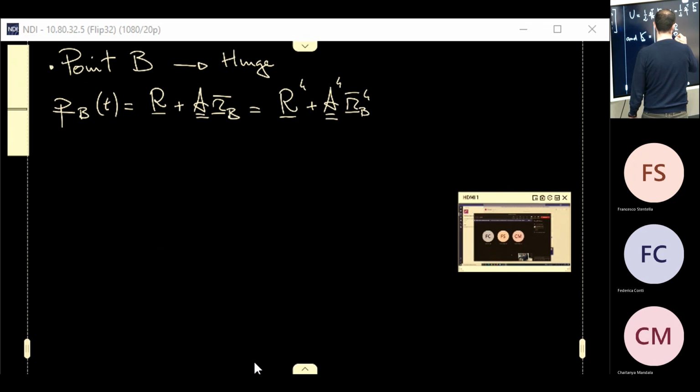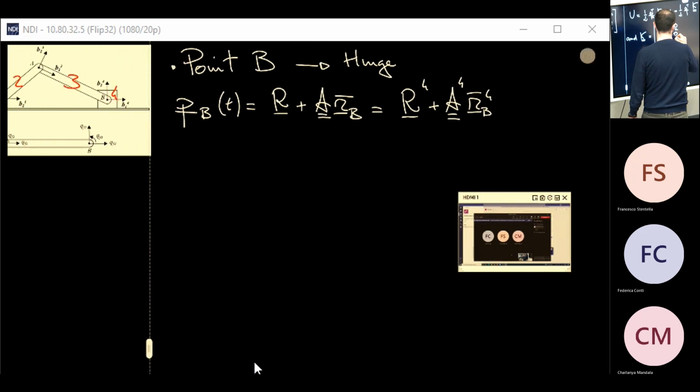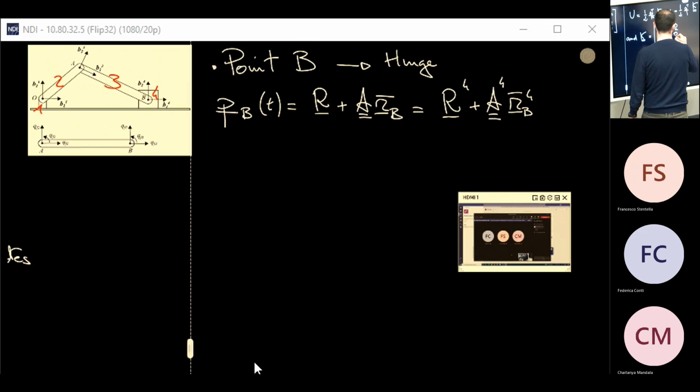But again, you see, the local frame in the fourth body is exactly centered in B. So this is 0 again. No?